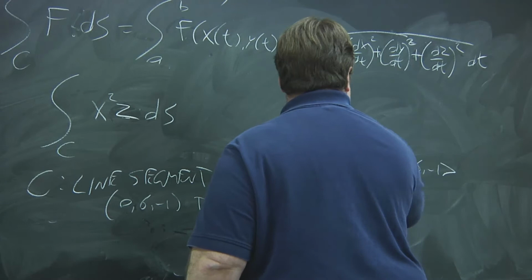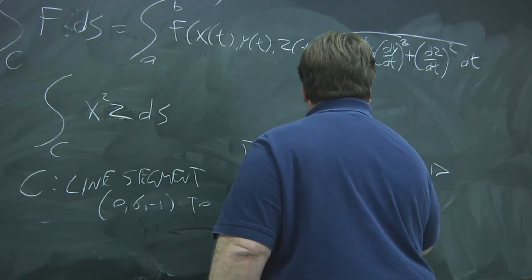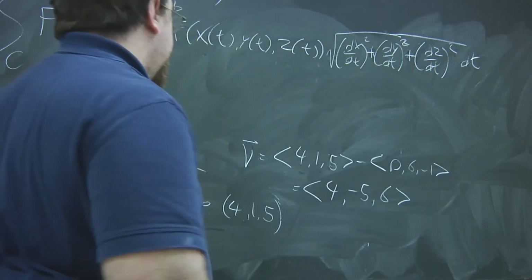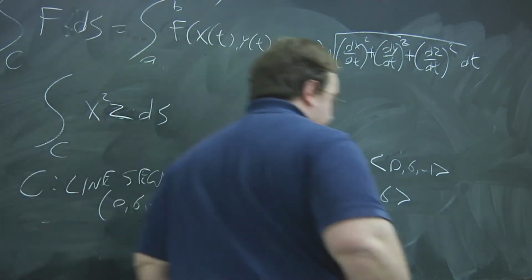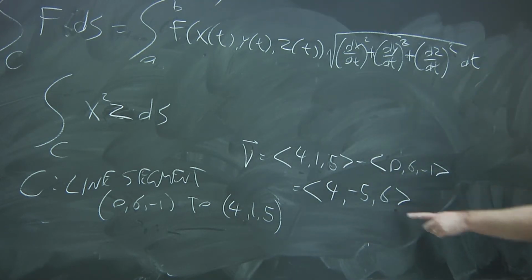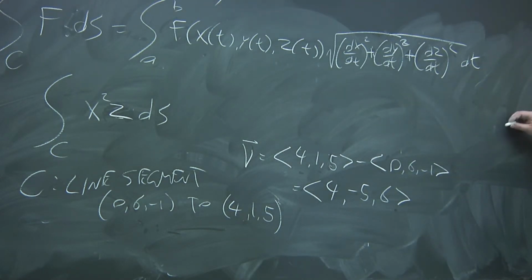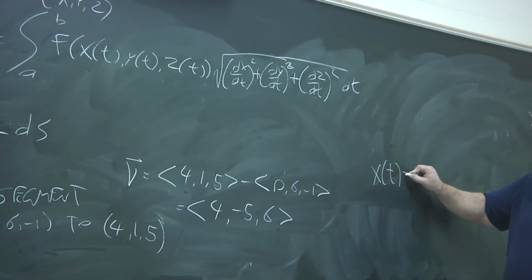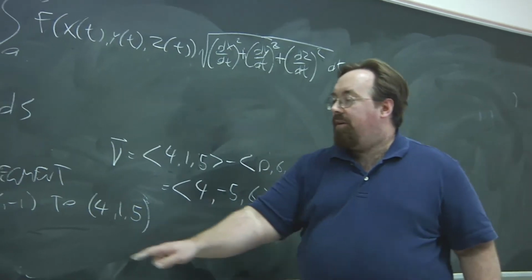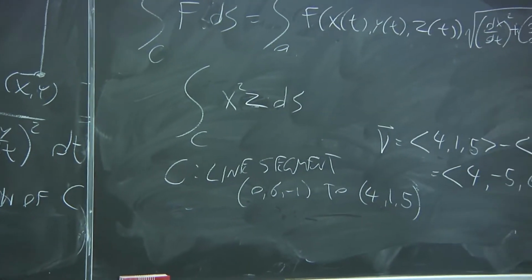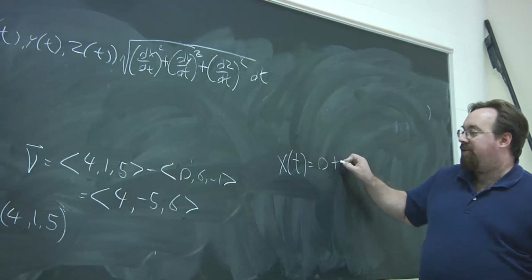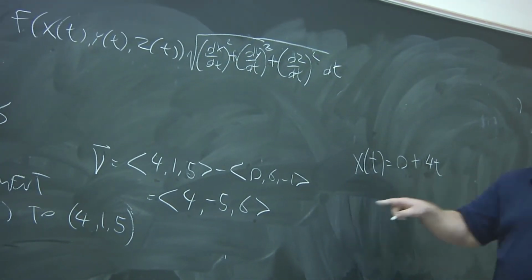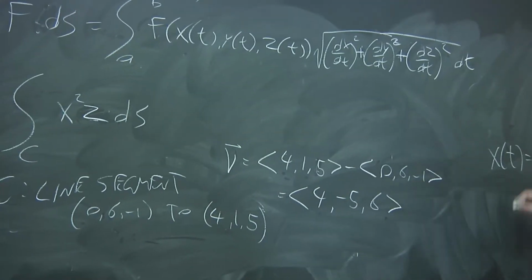So we're going to get 4, 6, minus 5, 5 plus 1 is 6. So this gives us the direction of the line segment. Now we can write down the parametric equations. X of t is going to be the initial x value, which is 0, plus 4t. So when t is equal to 1, we're at the ending x coordinate.